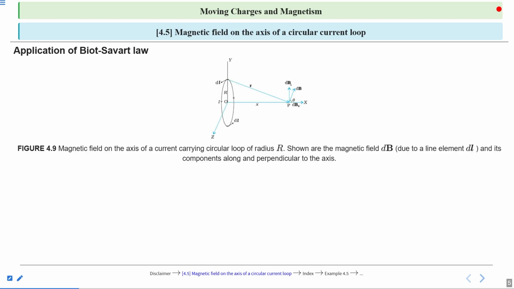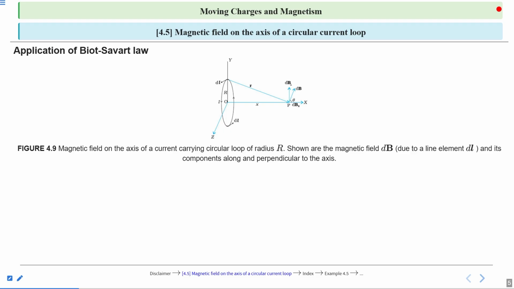So you can see figure 4.9 representing a circular loop. We have to derive the expression to find the magnetic field at point P on the axis of this circular loop.